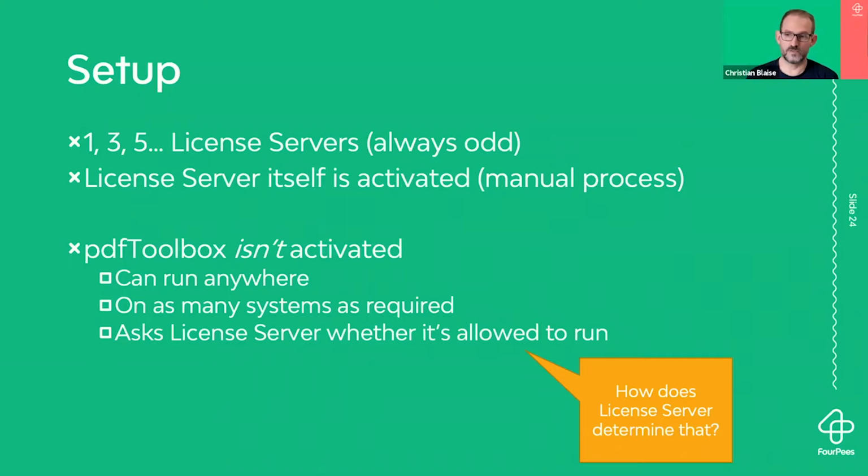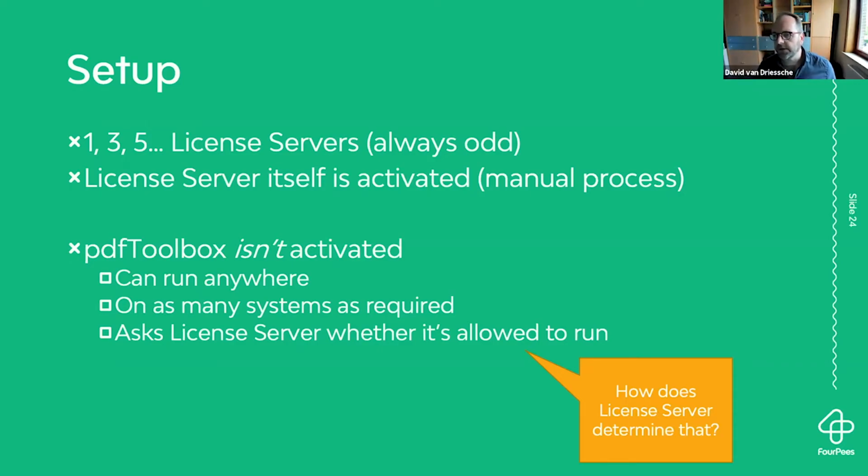And they don't talk to each other. So when you do your call in PDF Toolbox, you have to call all of the license servers that you have in your cluster, so one of them can answer, right? Yeah. Normally you will pass the IP address or the network name of all license servers. But PDF Toolbox is just going to connect to the first one that it can connect to.